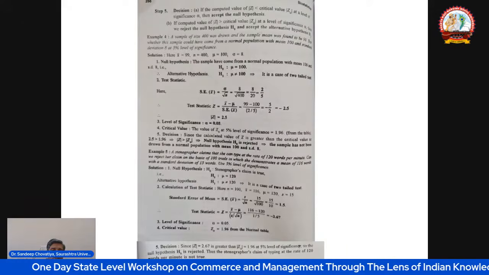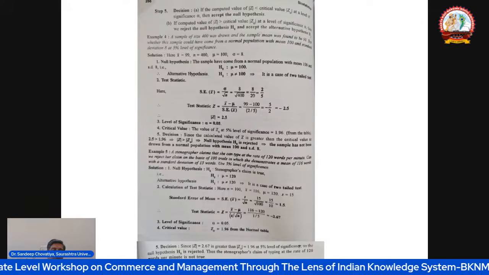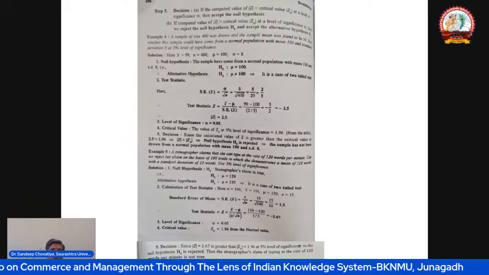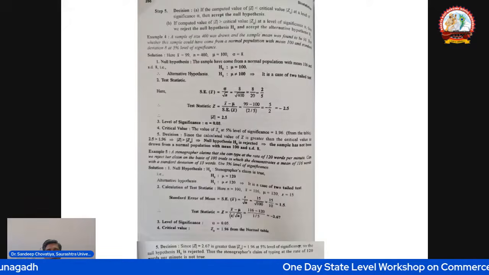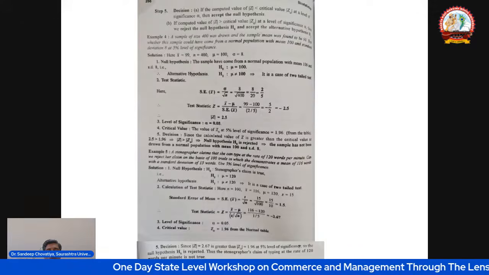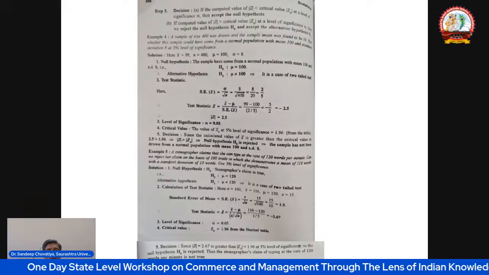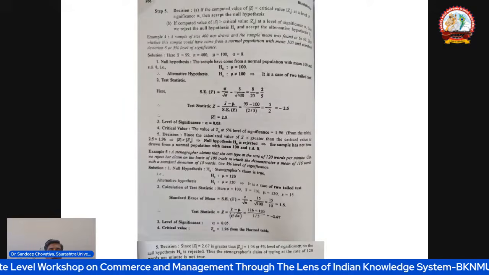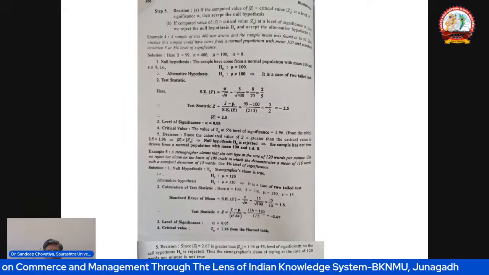Next step is the test statistic. First we find the standard error, which is standard deviation divided by under root n, so 8 divided by under root 400. When we simplify, we find the standard error of the mean is 2 divided by 5.